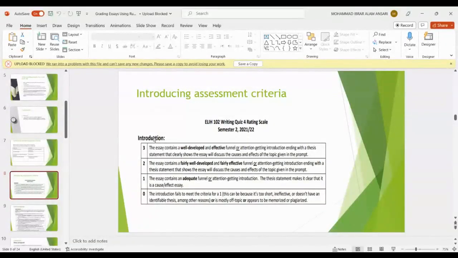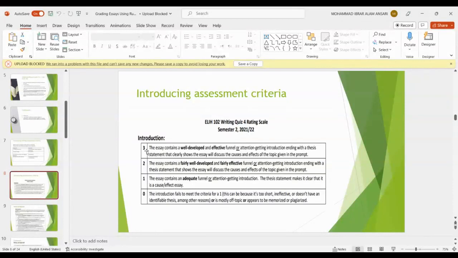Now let's have a look at the introduction here. In the introduction, if the essay is well developed and has an effective funnel, and it talks about causes and effects of the topic given in the prompt, the student can get full marks.